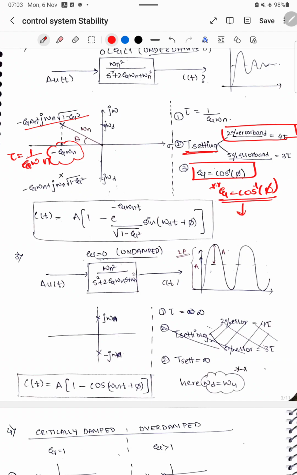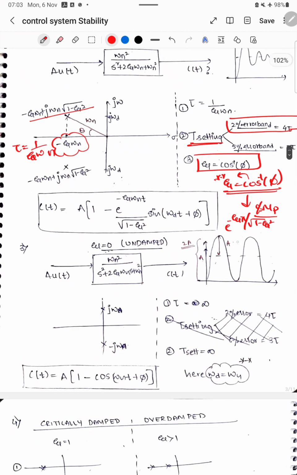This will be majorly used and will be given in questions, so you need to understand that phi means they have given information about zeta. In percentage MP also you can use that: e to the power minus zeta pi upon root of 1 minus zeta square comes out to be nothing but phi.